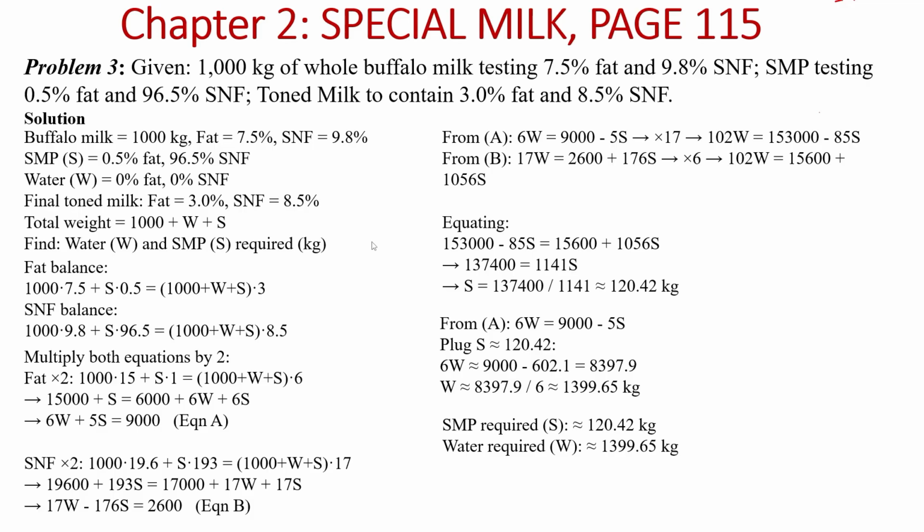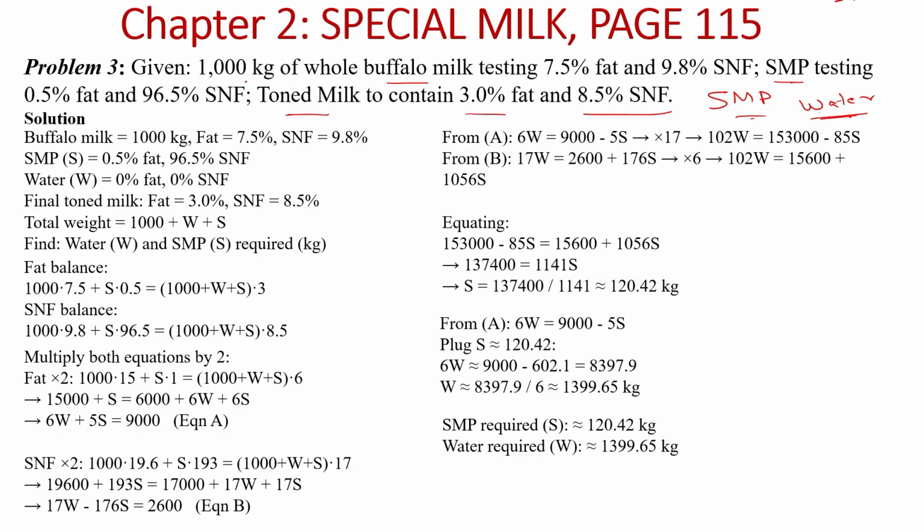Okay, now let us see the third numerical from the book. This numerical is also on standardization. In this problem we have to prepare toned milk from buffalo milk and SMP, and calculate how much SMP and water is required so as to have toned milk of 3% fat and 8.5% SNF.